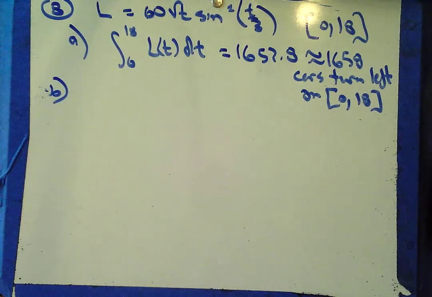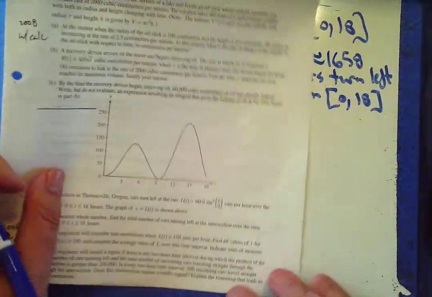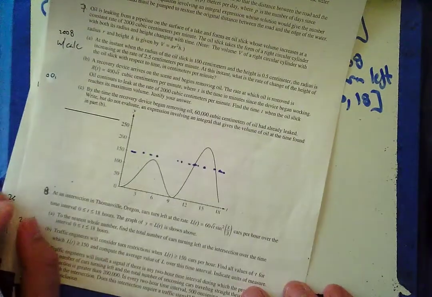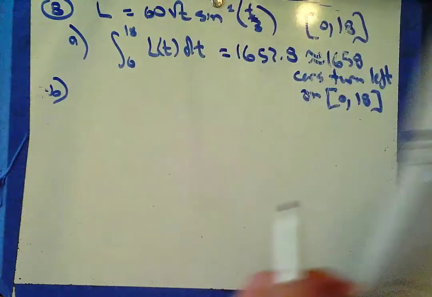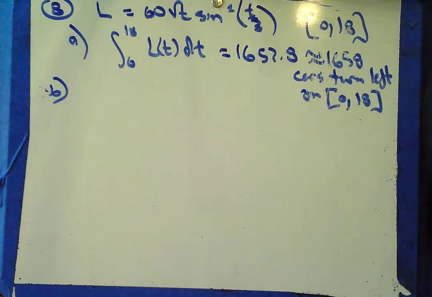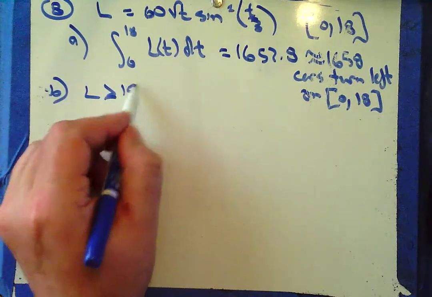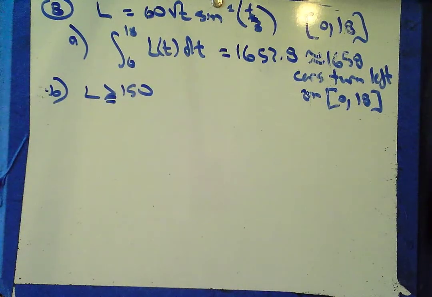Part B says traffic engineers consider turn restrictions when L is greater than 150 cars per hour. Well, I see here L does go above 150 cars per hour. Find all the values for t where L is greater than or equal to 150. And then compute the average value of L over that time interval.